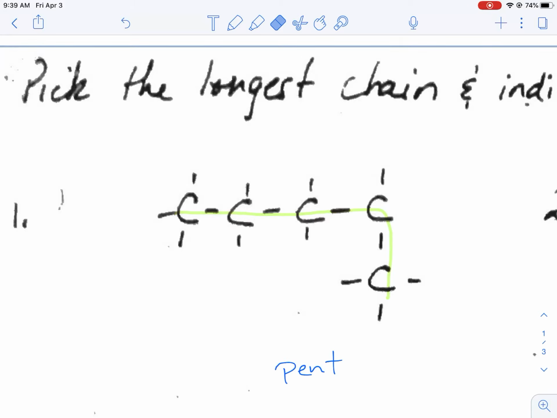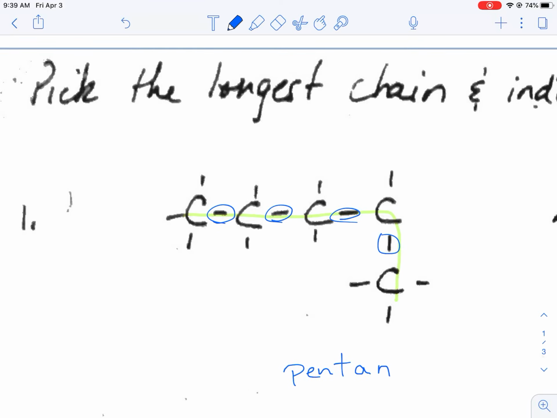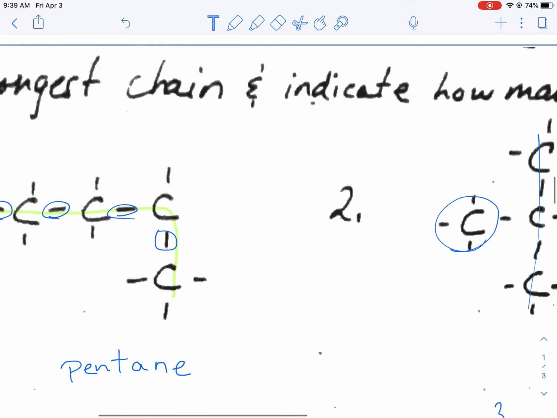Since there is single linkages on every single one of these, you don't have to circle these, but I'm just trying to illustrate where I'm getting the suffix from. It's either an ane, an ene, or an yne, according to table Q. I'm going to call it an ane because it has single bonds. That's all I have to do to name that first one, pentane.